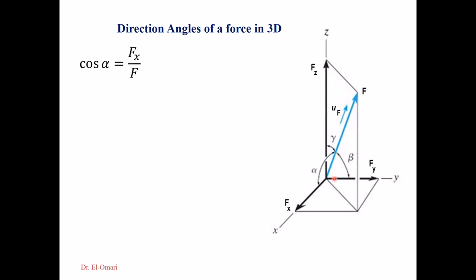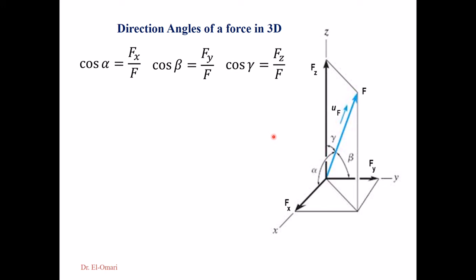If we need to write that, then you have cosine alpha as the Fx component, which is adjacent to the angle, over the force vector. Cosine beta is the force component in the y-axis over the force vector, and cosine gamma is the same, Fz over F.